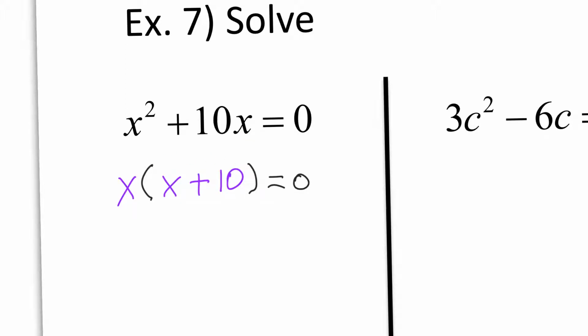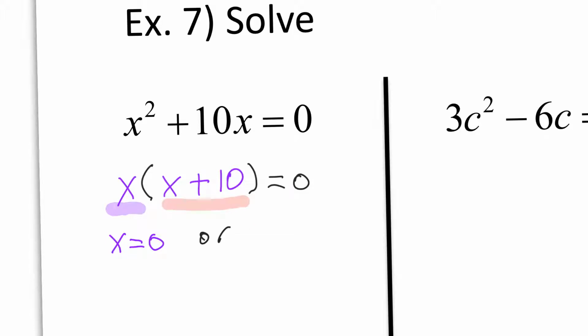Guess what? Now that you factored, we are ready to use the zero product property. So I'm going to set up my two equations. My first one is going to be x equal to 0, and that's the one outside. You just have an x. And guess what? We got the first answer. x equals 0. That's a number, 0. So now we just need the second answer. Or, you guys are going to set up your second equation, which is x plus 10.